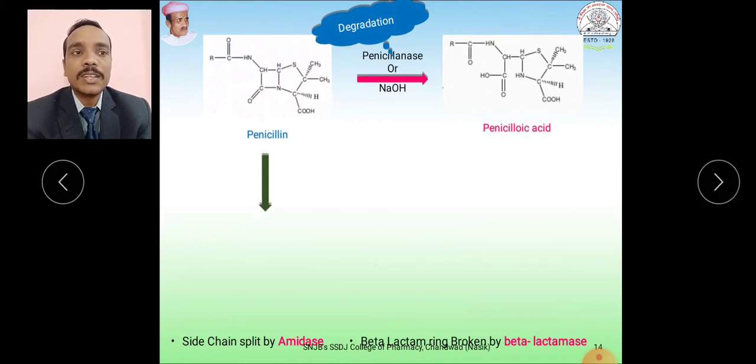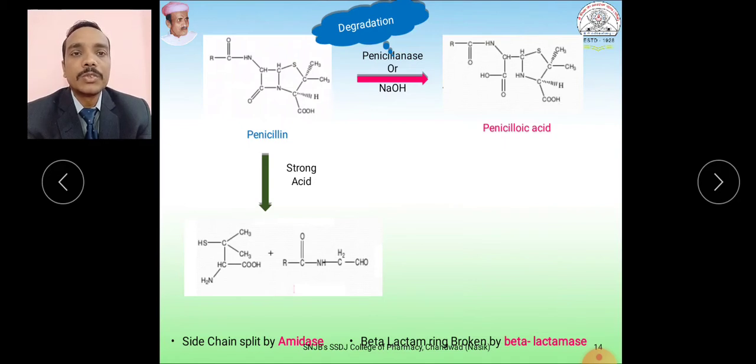If we talk about the other one, that is the acidic condition, in that the ring is totally broken, 2 rings are separated, and that gives penicillamine and phenylaldehyde. These 2 molecules are obtained in acidic condition by hydrolysis.